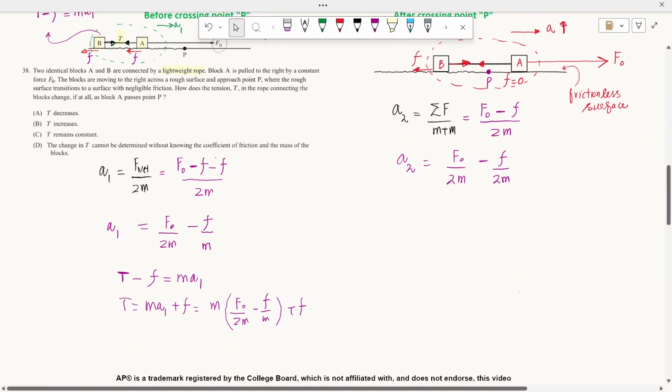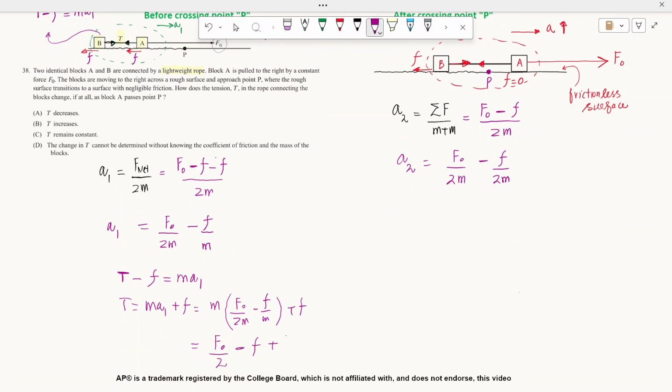So it is going to become F0 over 2 minus F plus F. So it cancels out, right? So what is the value of the tension T? The tension T is equal to F0 over 2.